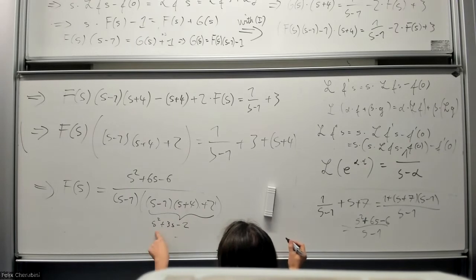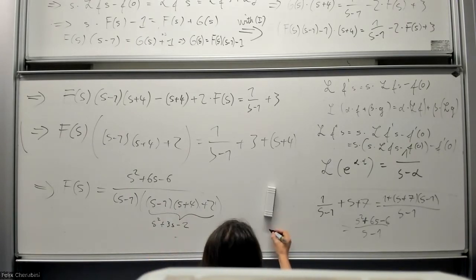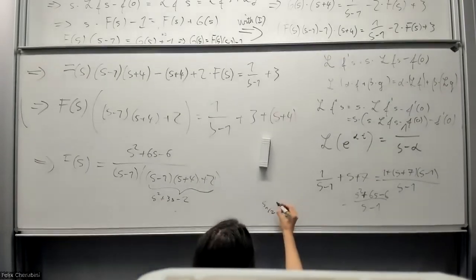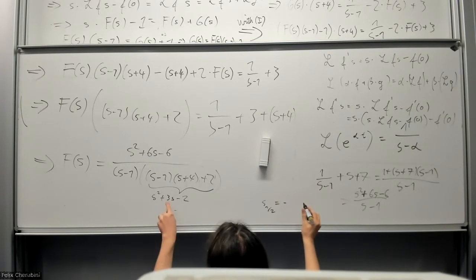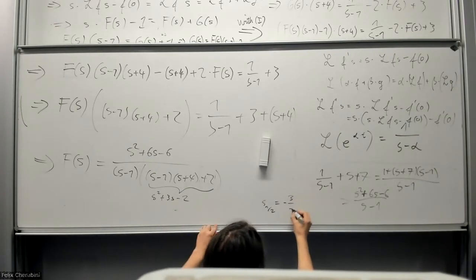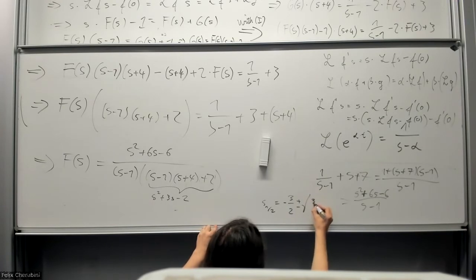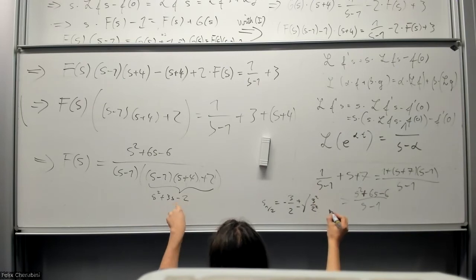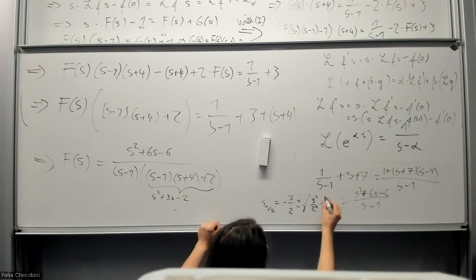How can I factor it with the PQ formula? So I can say s1,2 is minus 3/2 plus minus the square root of 3/2 squared minus 2, so plus 2.